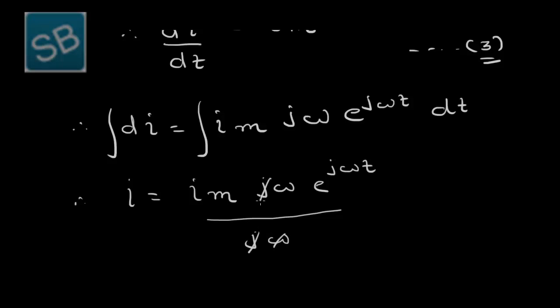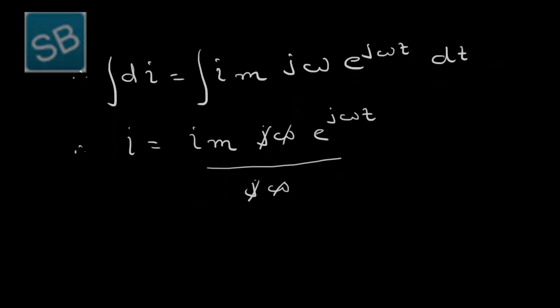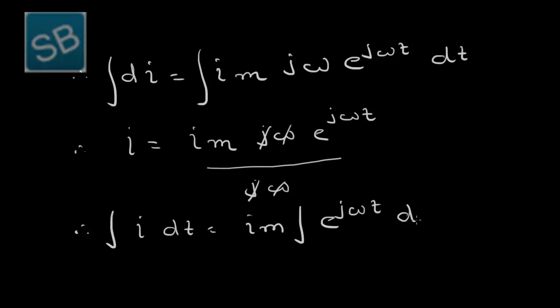So this will be cancelled, and now you finally end up with this equation. And so integration of i dt is equal to Im integration of e raised to j omega t into dt.